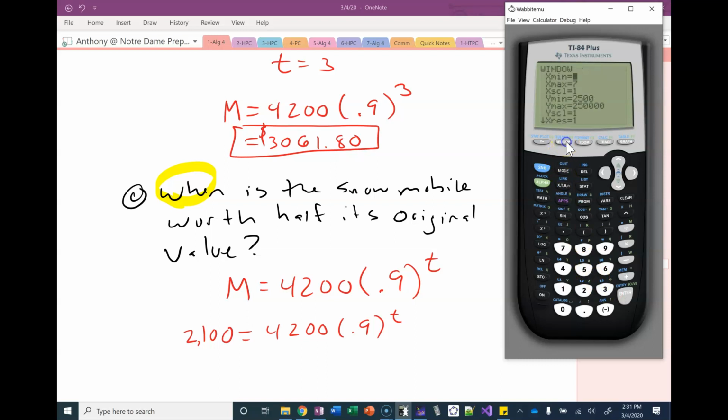Next, we have to set a window. So again, x is time, so 0 is a good minimum time. The x max, do we know what that's going to be specifically?